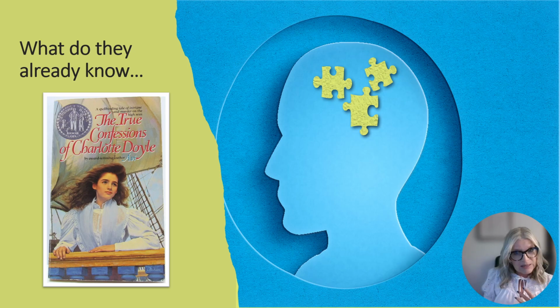But we had to work on some of that to get my students prepared to listen to and have discussions about this story. But then when they were finished, they had more puzzle pieces in their brain about this particular time period. Important activity, and read aloud is a great way to help build that background knowledge with your students.